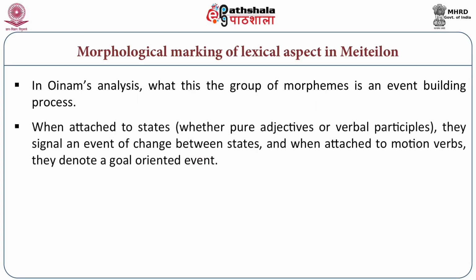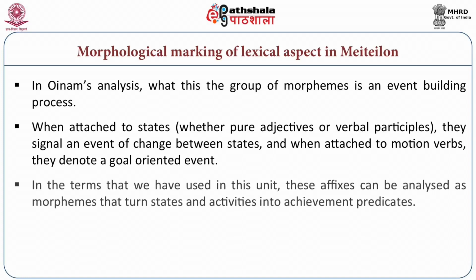When attached to states, whether pure adjectives or verbal participles, they signal an event of change between states. And when attached to motion verbs, they denote a goal-oriented event. In the terms that we have used in this lesson, these affixes can be licensed as morphemes that turn states and activities into achievement predicates.